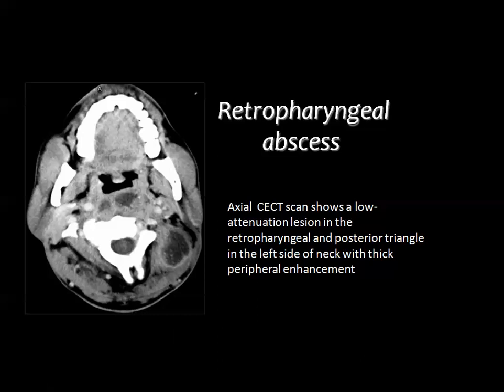And a retropharyngeal abscess may spread, as I have mentioned. This is the abscess, multilocular, posterior to the pharynx, and there is an extension into the posterior neck space on the left side.